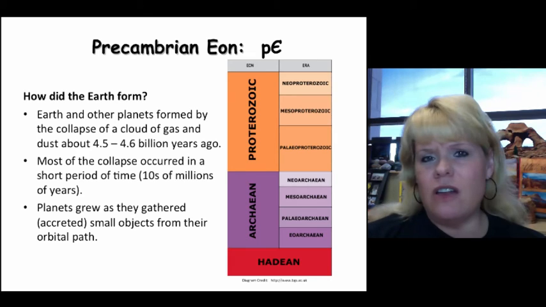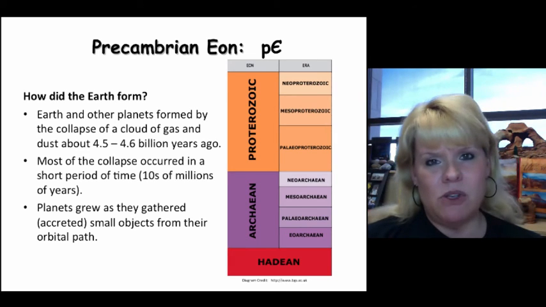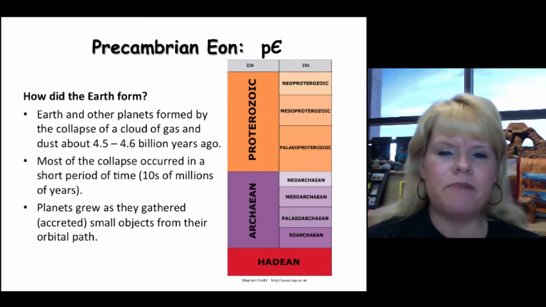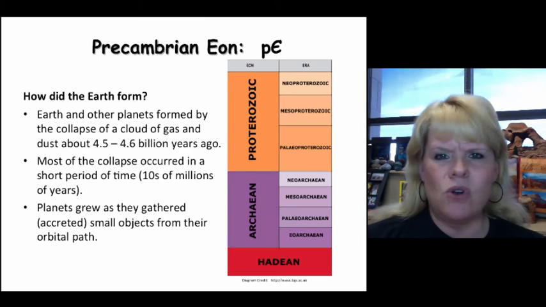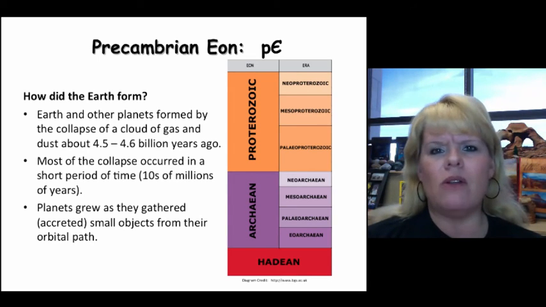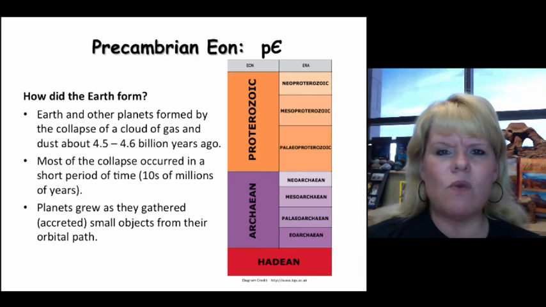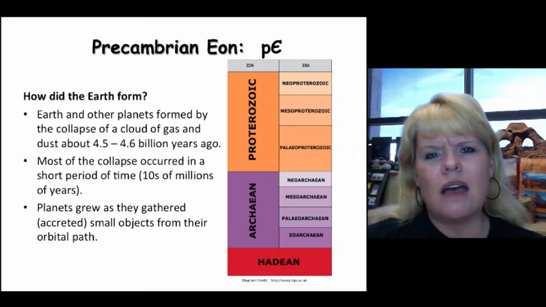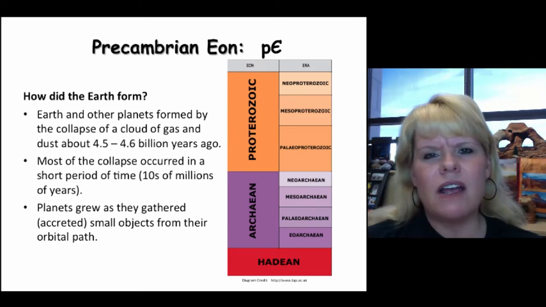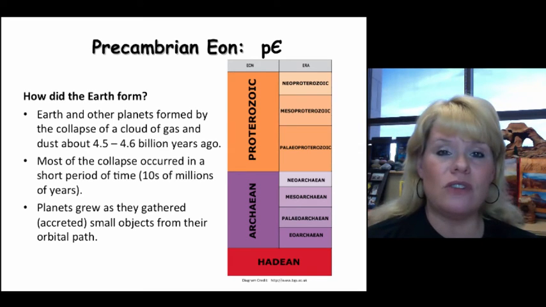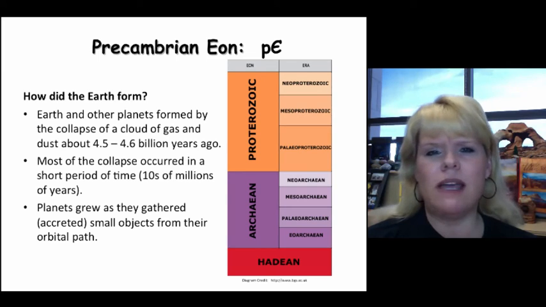So if it's not 10, it would have been several tens of millions of years, a short duration, a glimpse of time. Once that occurred, solar wind began to blow out material from the newly formed sun, which would cause bombardment of pieces of material flying around, which would lead to the accretion and the formation of our first protoplanets.